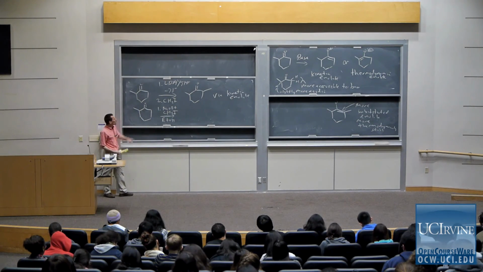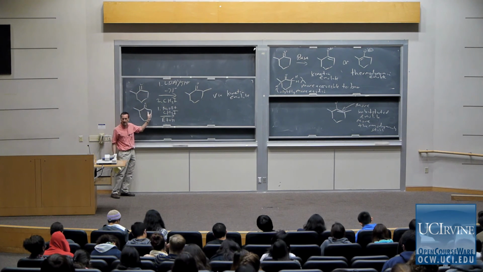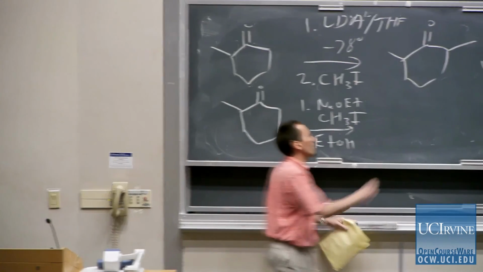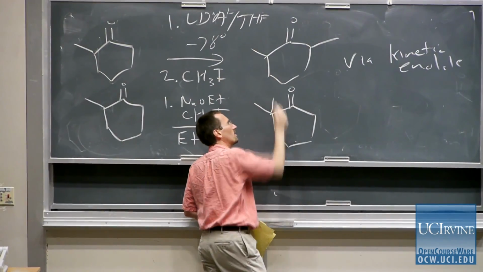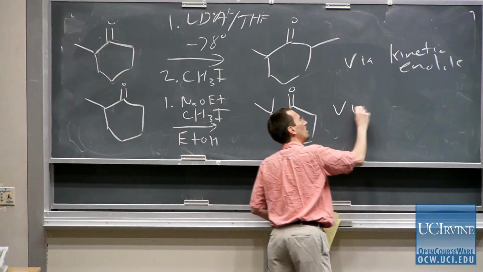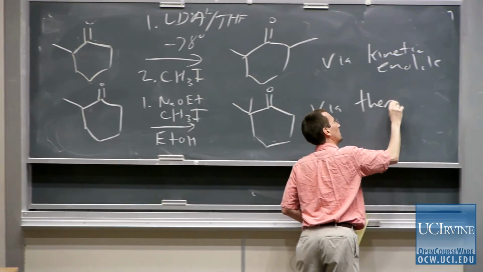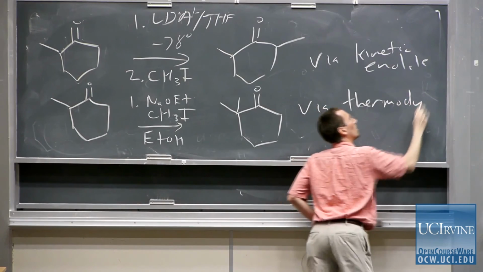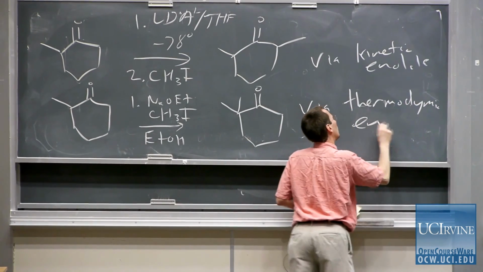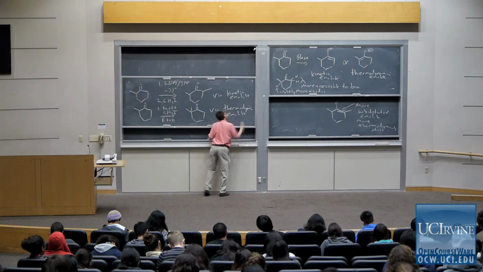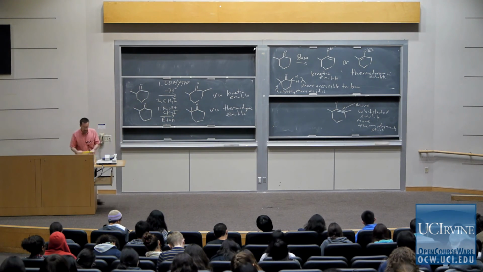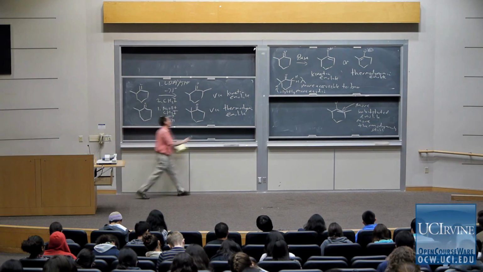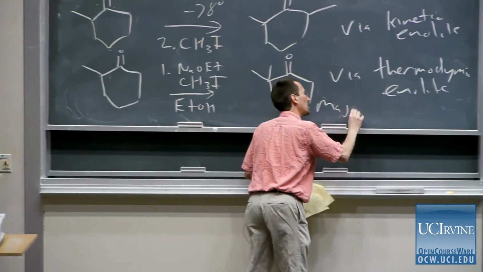Then, because we're under conditions where we're thermodynamically equilibrating our enolates, your predominant product, your main product, is going to be the 2,2-dimethyl cyclohexanone via the thermodynamic enolate. And so this is a taste of the type of control that organic chemists can get. And I'll write this as major product.